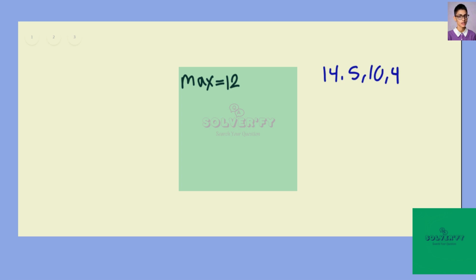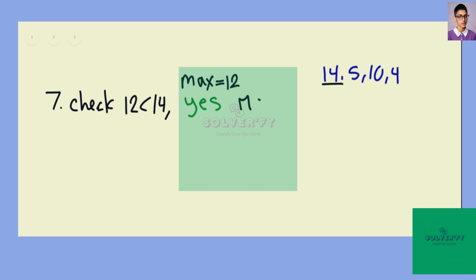So we'll check, and this is going to be step 7. Check if our current max, which is 12, is less than the next element in the list, which is 14. All right, and in this case, it is. So we're going to reset the max again, and this time we will set it equal to 14.